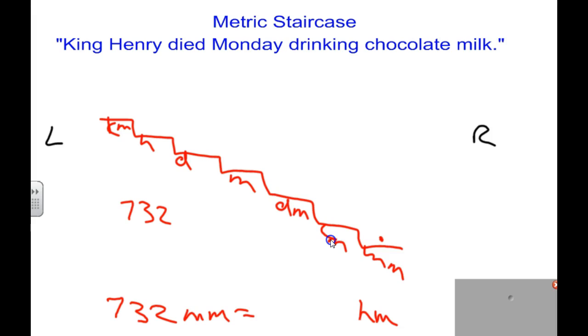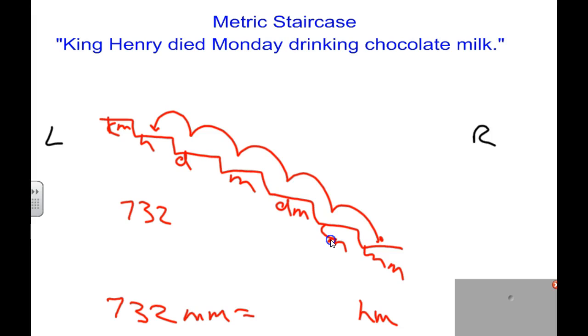And when we move each step, we're going to count it, right? Ready? 1, 2, 3, 4, 5. There. We're at the 5th step. We went 5 places up. Did we move to the left or to the right? To the left. So we're going to take the decimal that's in the original number.